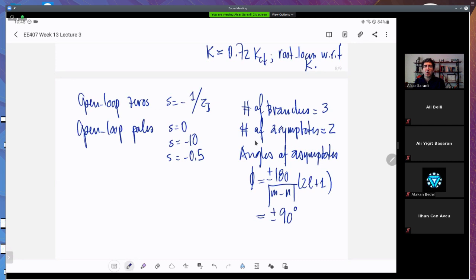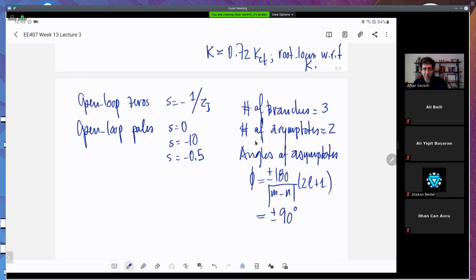This gives us an opportunity, because depending on where the asymptote crossing with the real axis, the centroid, is, the branches will be going towards the open loop zeros. One of them exists on the real line, the other 2 will be on the asymptotes. So the branches will be converging to the asymptotes, and if the centroid is properly located, we can have nice closed loop pole locations as we increase the closed loop gain.